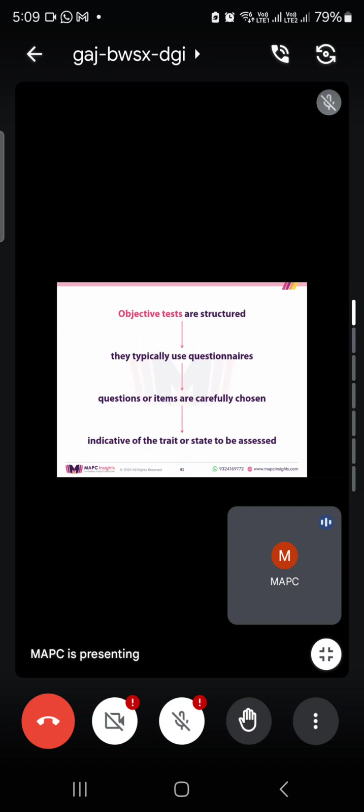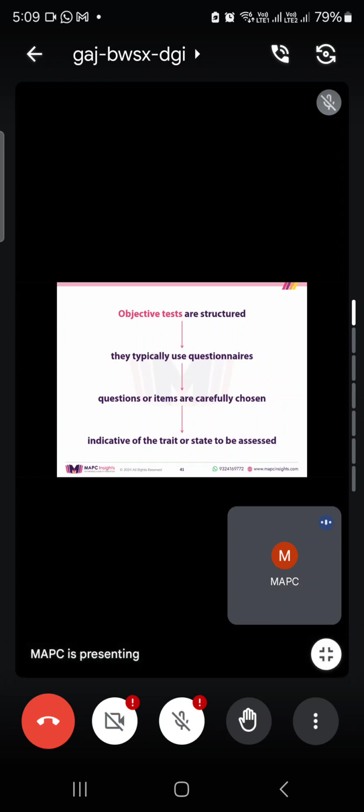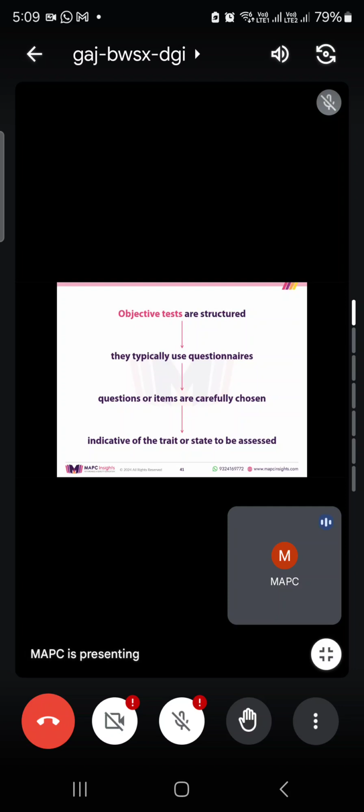The questions should be such that they help us assess the trait or the state or the variable under study. For example, if I want to know the intelligence of the person, my questions, my items in the questionnaire, should help me assess the intelligence of the person. So my questions should be in that direction so that I can find out the intelligence level of the person.